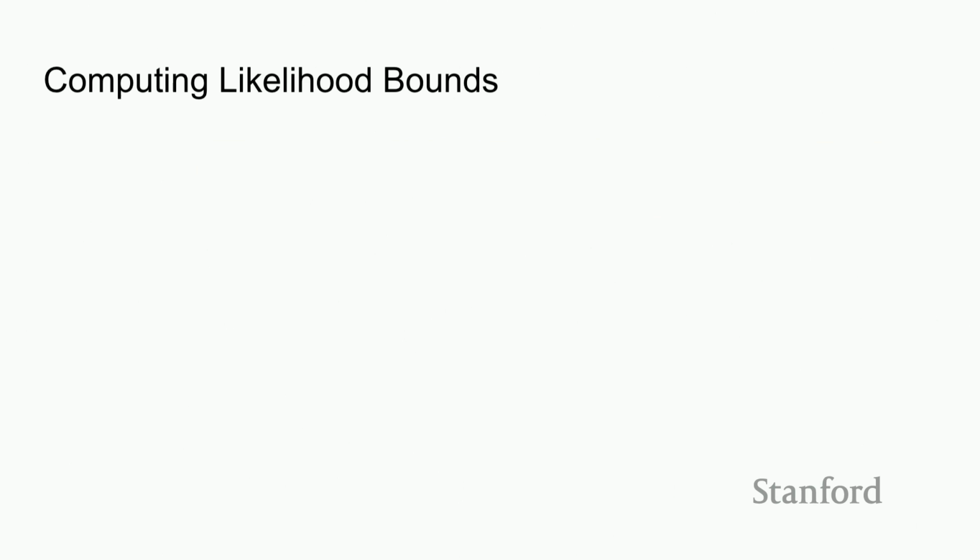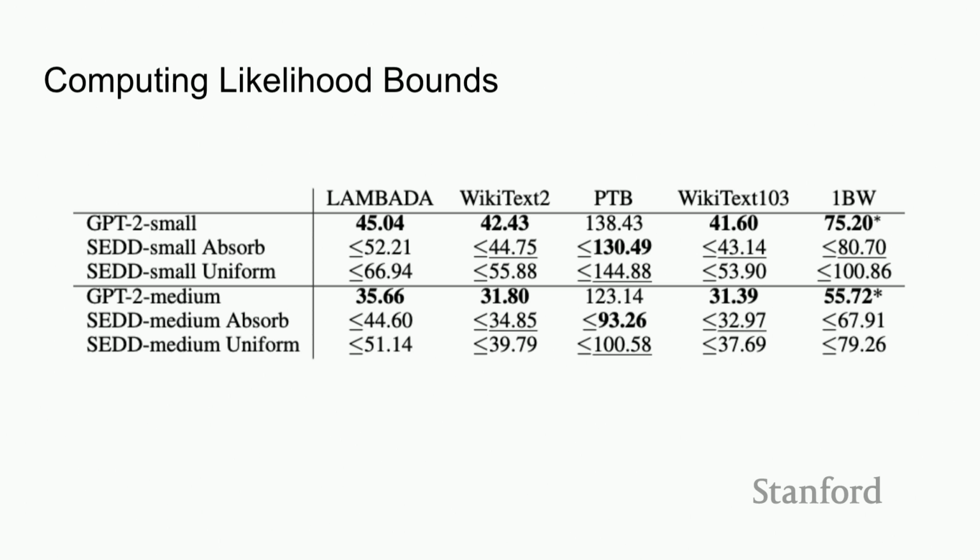How does it work in practice? Well, across all these different models, we do this whole GPT-2 like setup: train on OpenWebText, evaluate on other types of data sets. What we see pretty consistently is that our GPT-2 model does tend to produce the best likelihood values, but SEDD with absorbing masking transition tends to be very close.